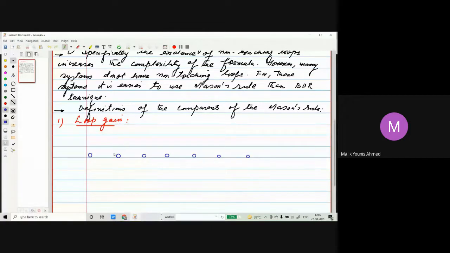Okay, this is for the sake of the definition we are writing. We are drawing this loop.